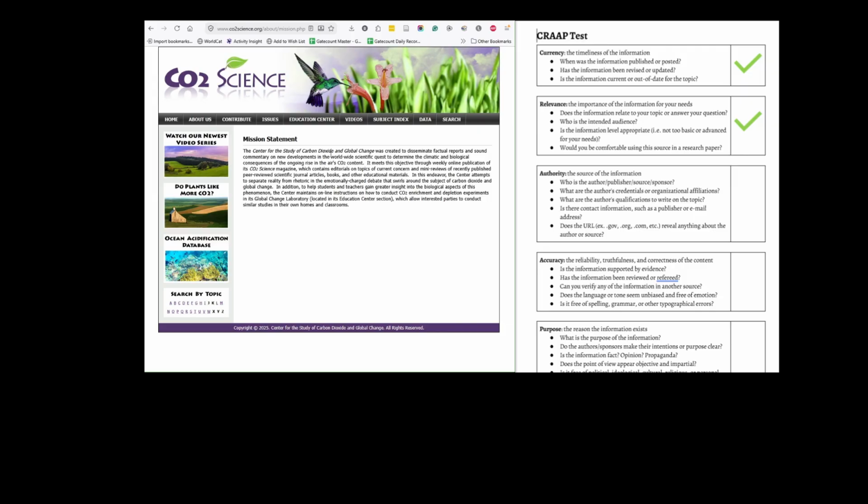The Center for the Study of Carbon Dioxide and Global Change was created to disseminate factual reports and sound commentary. So that sounds good. They're trying to disseminate facts. They publish a lot of educational materials. That sounds very authoritative.